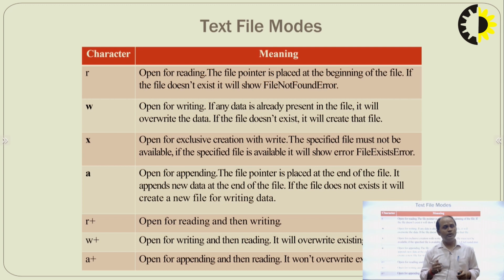So mode is very important, because the file name is the same, but the modes are different. When we need to write any text into the file, we will change our mode. If we do not change our mode, we cannot write anything in that file. So modes are a very important part of file handling. Like R is the reading mode, and W, what is W? W is the writing mode, open for writing.